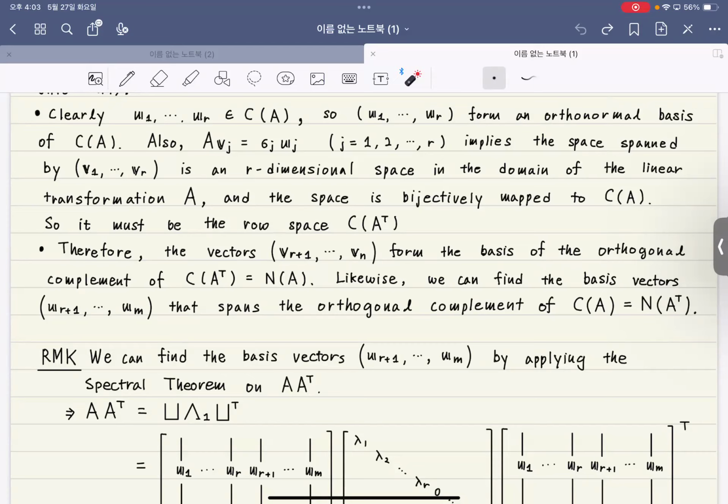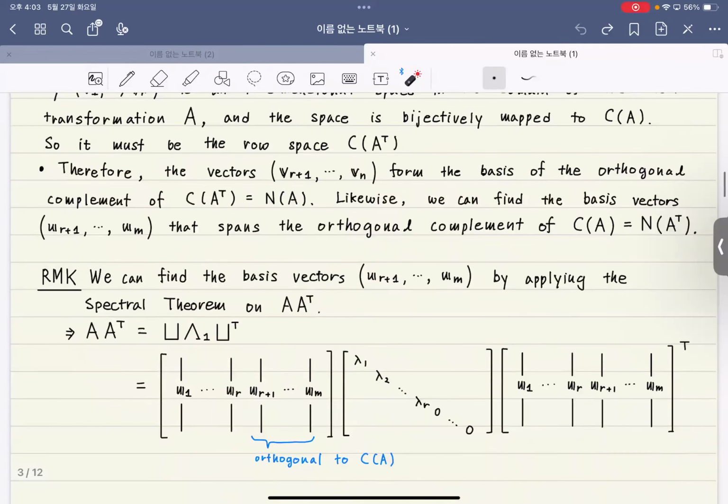Likewise, we can find the basis vectors. We can find n minus R basis vectors that span the orthogonal complement of the column space. That is going to be the basis of the left null space. So how do we find such basis vectors? My first idea is that maybe you can try applying the Gram-Schmidt process to this orthogonal complement.